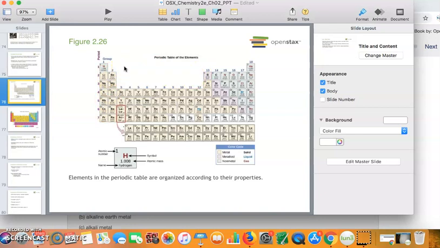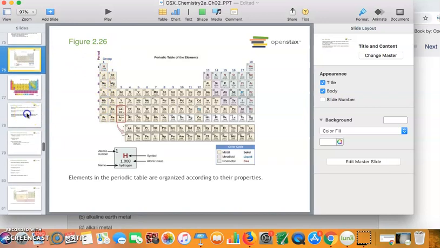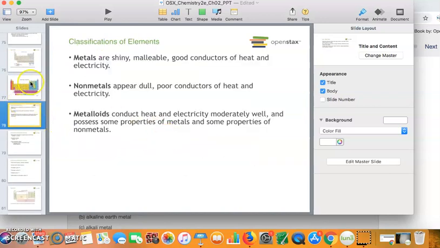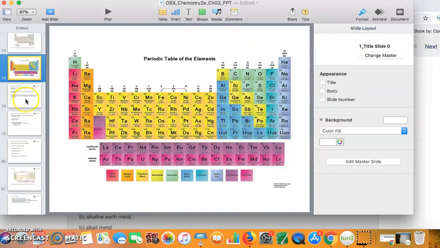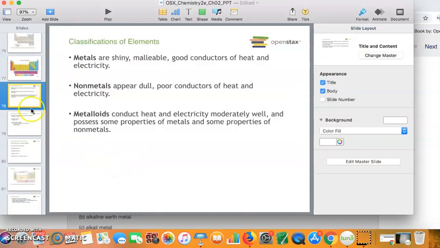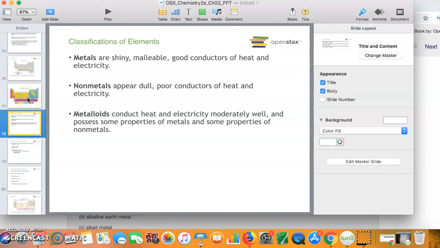Nowadays, the periodic table is organized based on atomic numbers, increasing atomic number, and the elements in a certain group act similarly, react similarly, look similar, so they have similar properties. We're going to talk about that, and this isn't going away. This is just introductory information about the periodic table. There's so much information here that you can use.